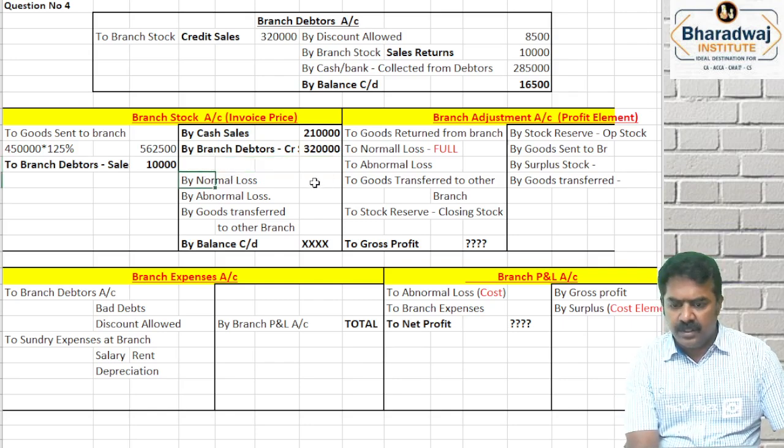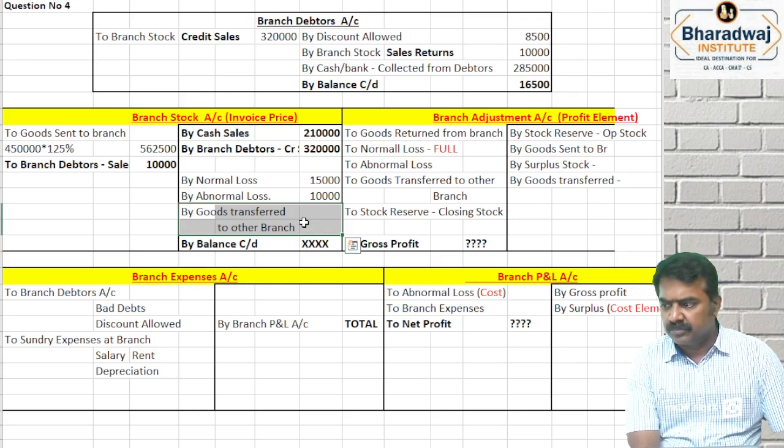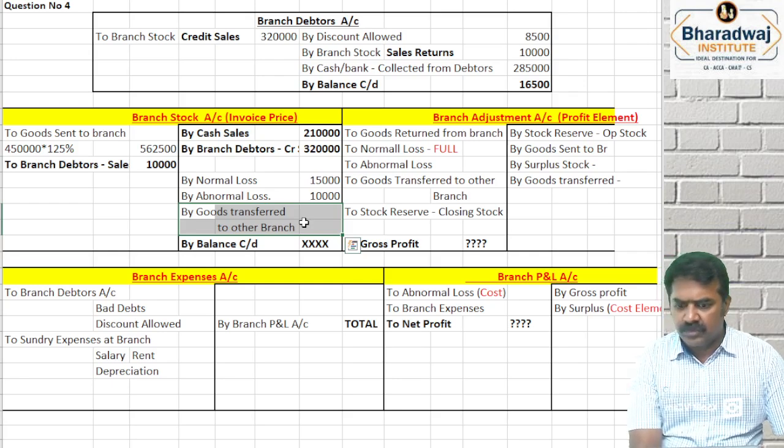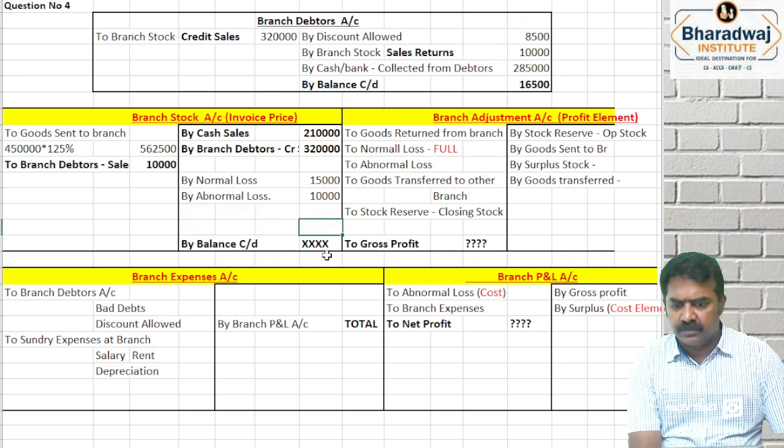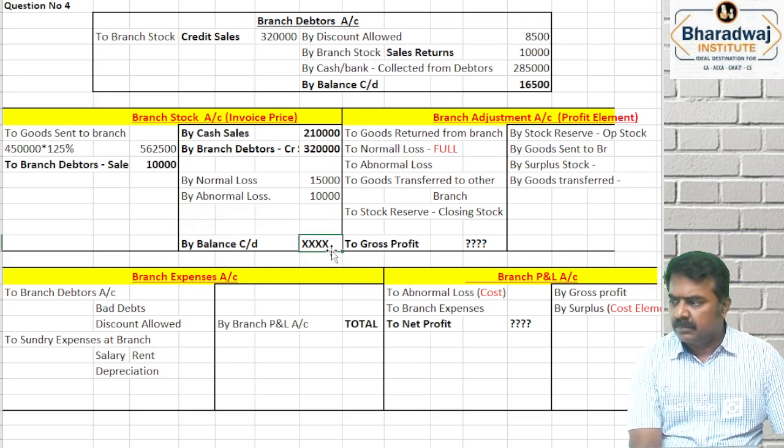Normal loss will be fully charged in branch adjustment account, 15,000. Abnormal loss 10,000 spoiled. Goods transferred to another branch? Not given. That's it.